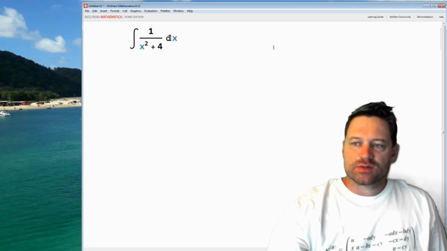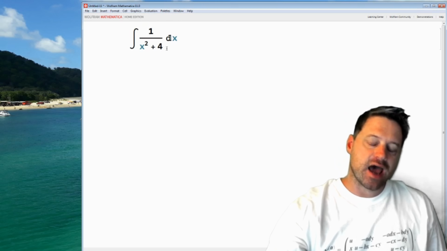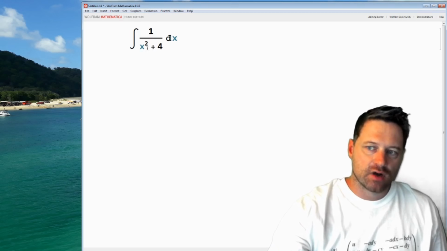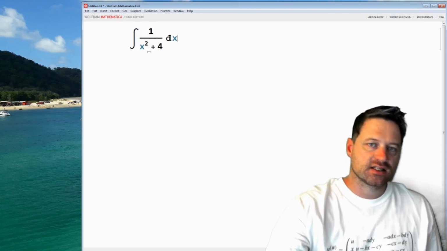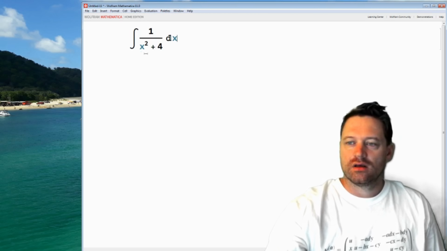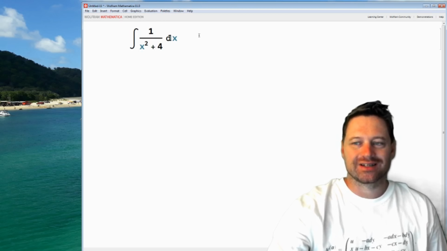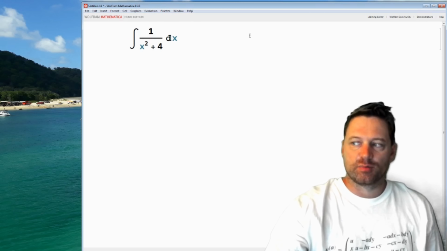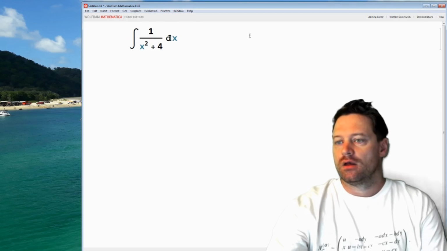This one will be about trig substitutions. Now, what you want to keep in mind is some of the trig relationships, like sine squared plus cos squared is equal to 1. That is what we're going to take advantage of in order to calculate this integral by a trig substitution.